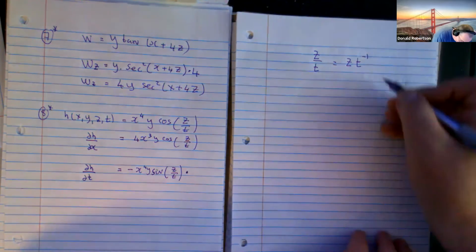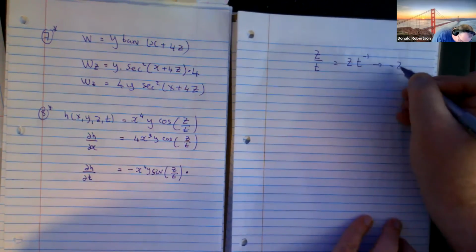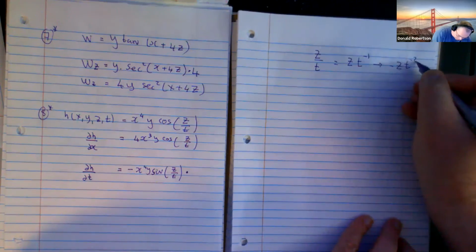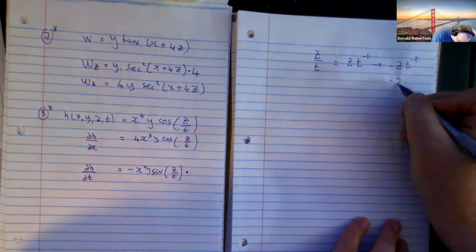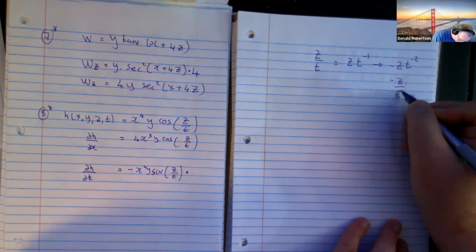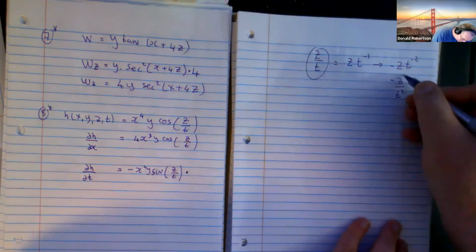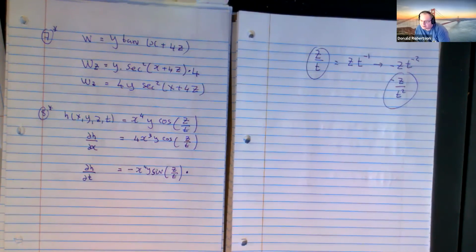And the power rule is multiply by the power and then reduce the power by 1 and then make it look pretty. Are you comfortable that the derivative of z over t with respect to t is negative z over t squared?